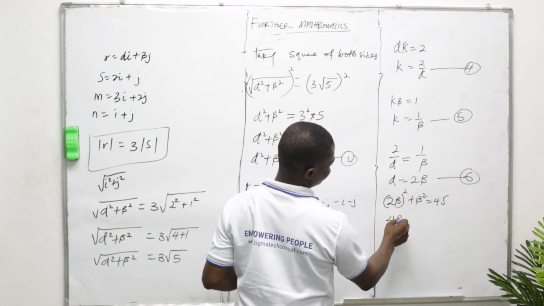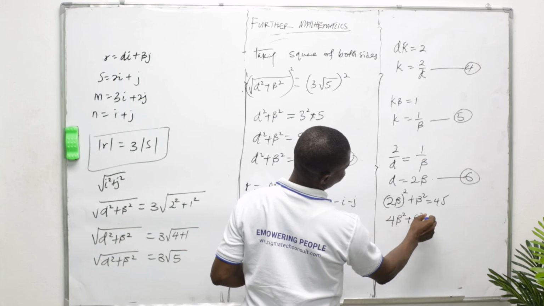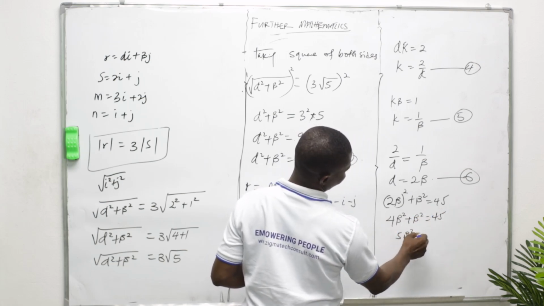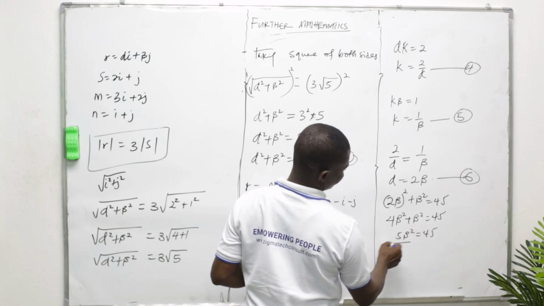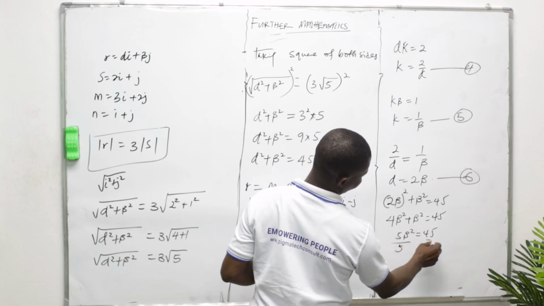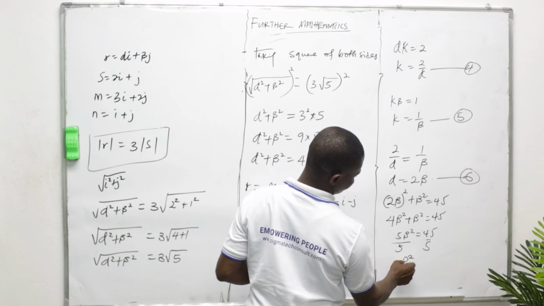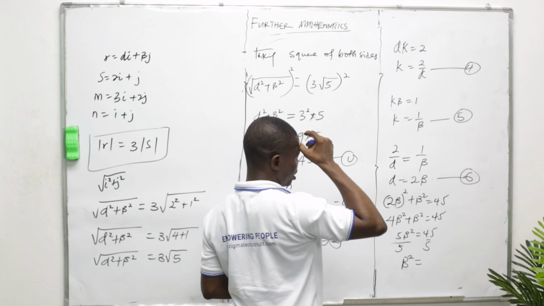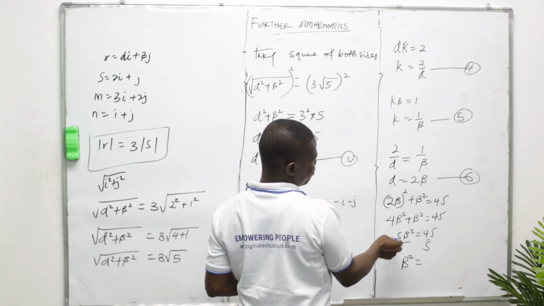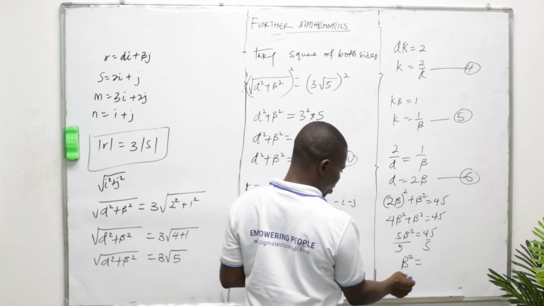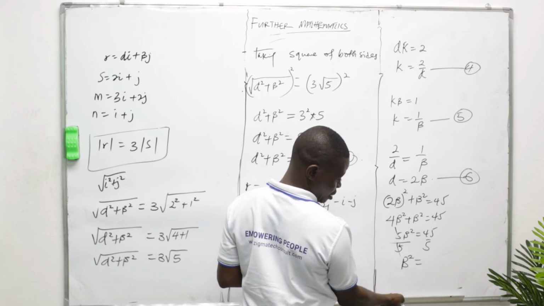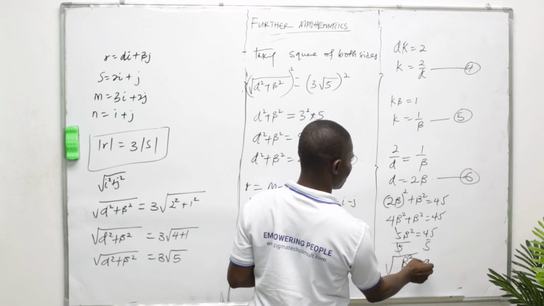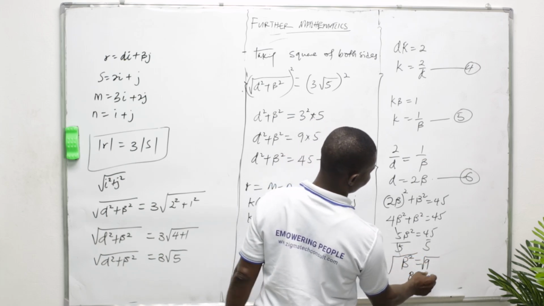So 4 beta squared plus beta squared equals 45, which is 5 beta squared equals 45. I don't like saying dividing through; you can equally say multiplying both sides by the multiplicative inverse of 5, which is 1 over 5, so beta squared equals 9. Now taking the square root of both sides, beta equals 3.